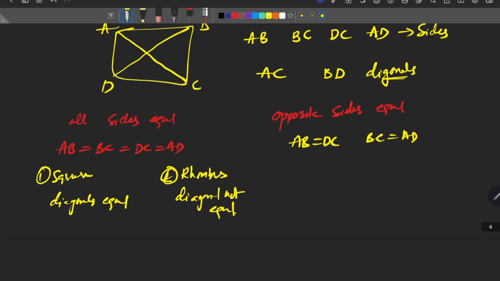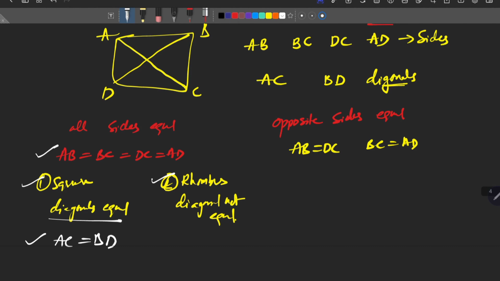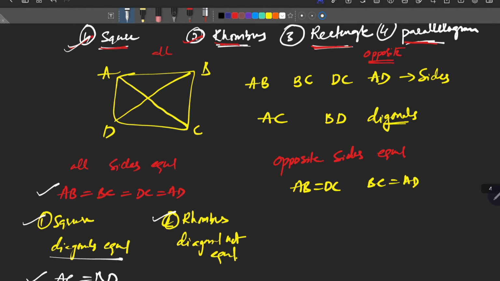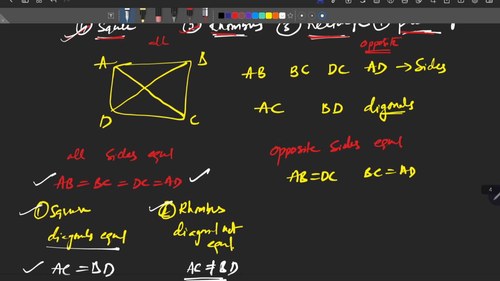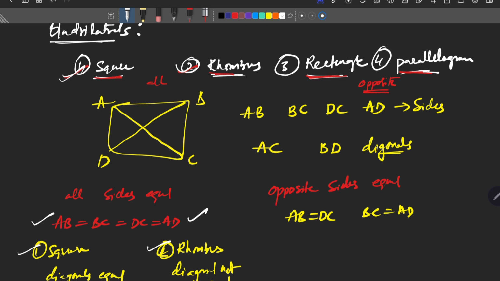By this property we can segregate square and rhombus. If all sides are equal, there are two possibilities, either a square or a rhombus. If the diagonals are equal, which means AC equals BD, then it is a square. If all sides are equal but AC is not equal to BD, we should take it as a rhombus.